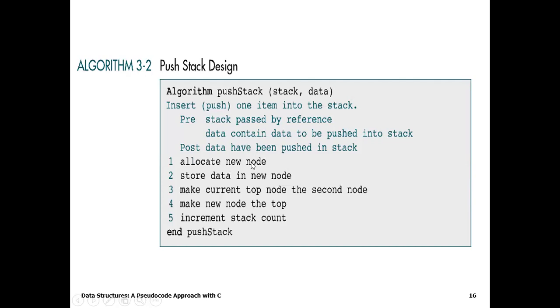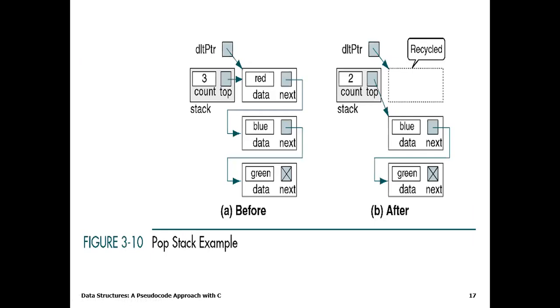So allocate a new node. Now you will be creating a new node following the data structure. It will have a data part and the next pointer, and the data part will be holding the data which you are going to add into the stack, and the next pointer will be connected to the current top node, the second node, and the new node will be connected to the top. Then the stack count will be incremented.